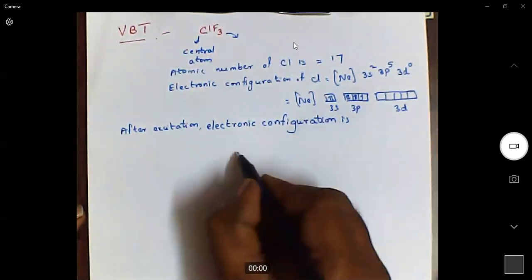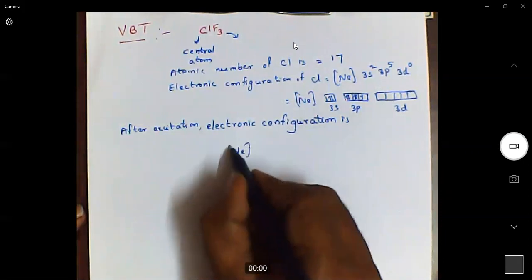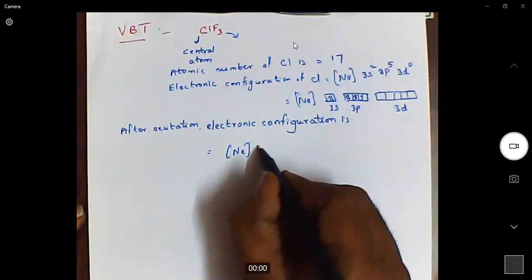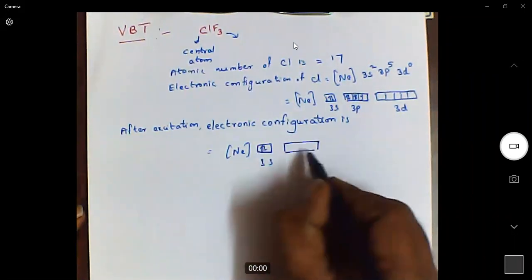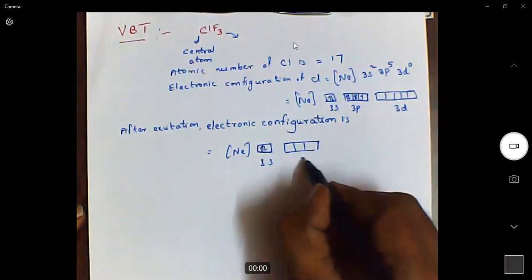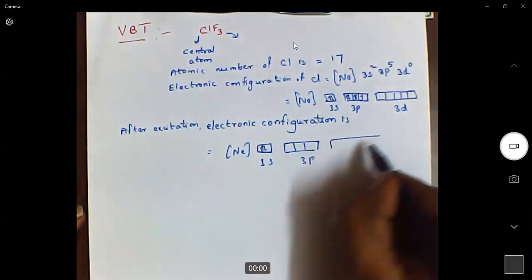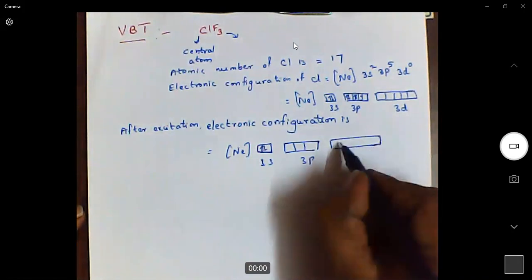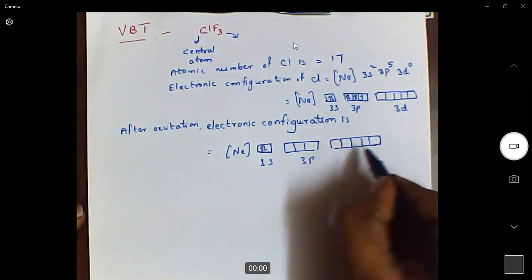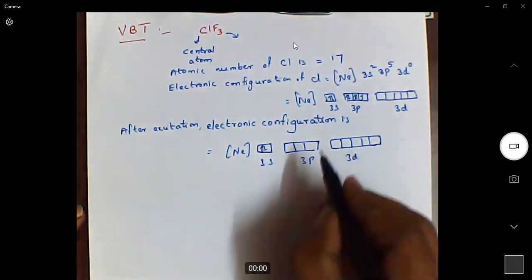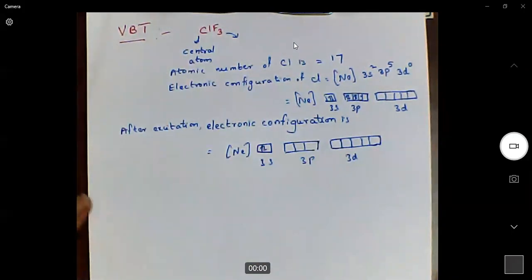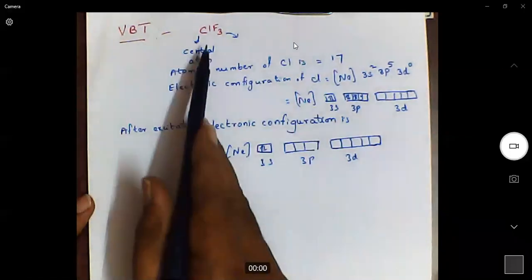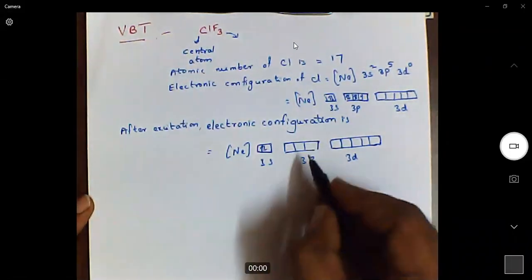I'll just write the outermost orbital configuration only. This is 3s, this is 3p, and 3d. Now we need three single electrons in order to generate three single bonds, three sigma bonds.